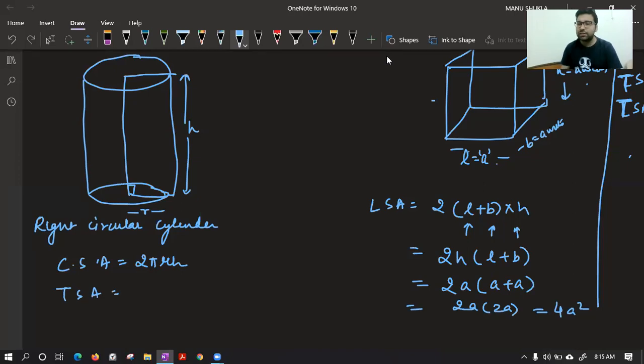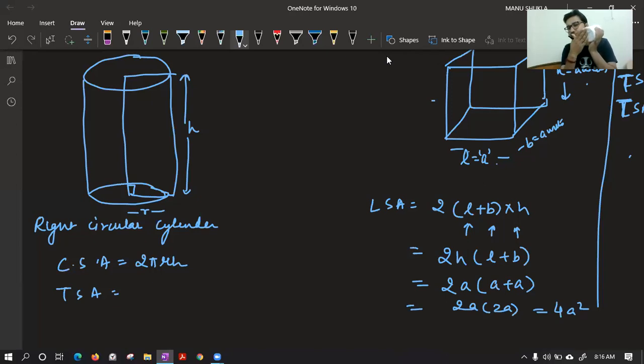Class, try to understand. In this same figure, we have got the curved surface area as 2 pi r h. If you see, this time when you paint, you have to paint this also, the top and the bottom. This time we are not painting the perimeter only. This time we are painting the complete surface.